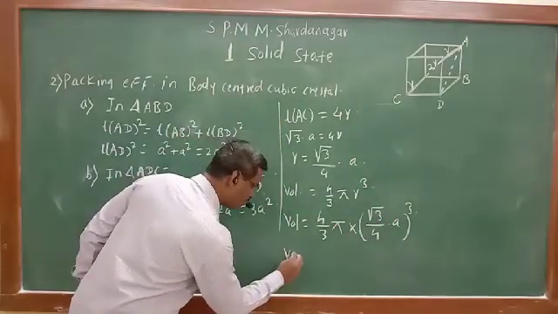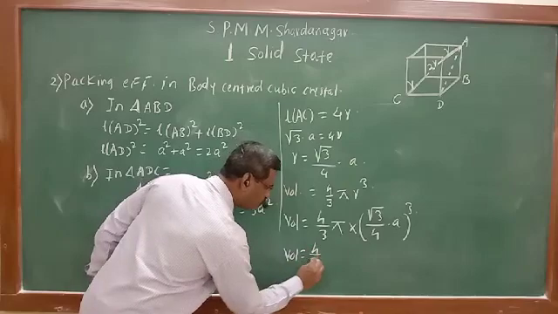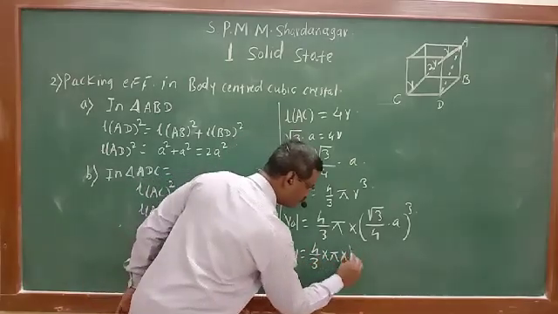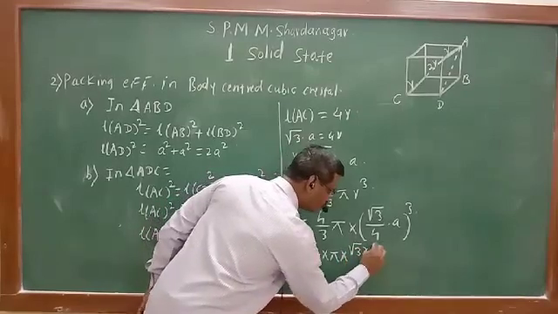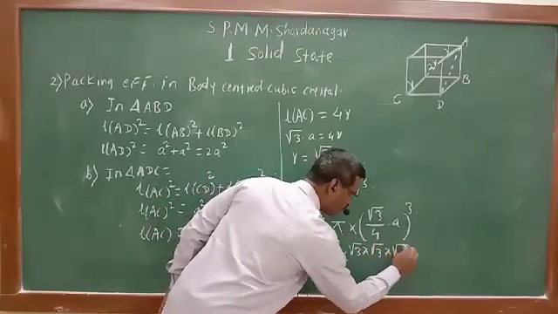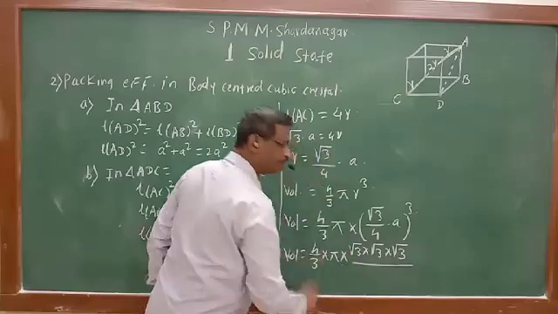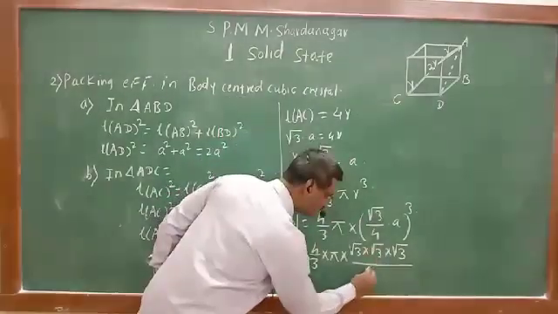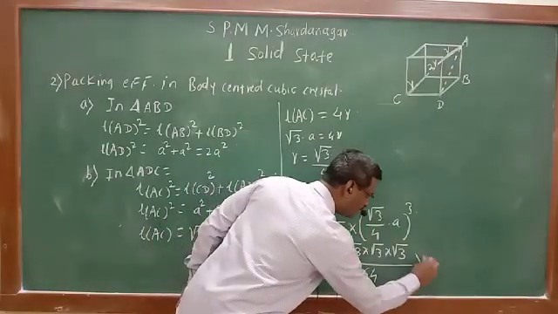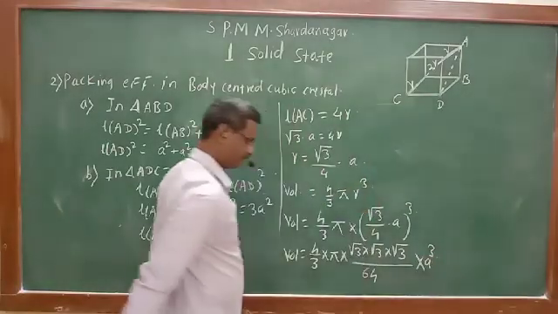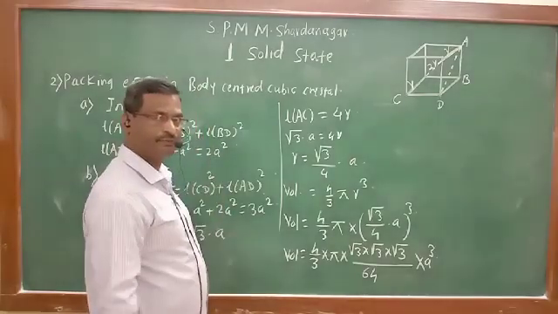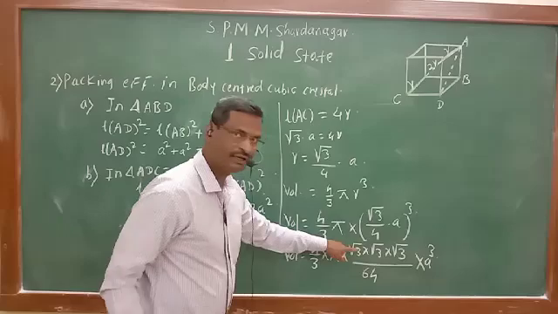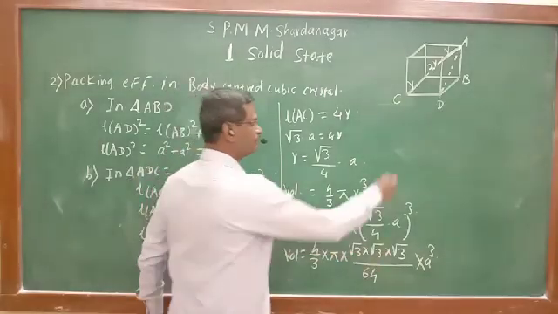So that will become volume is equal to 4 by 3 multiplied by pi multiplied by square root of 3 into square root of 3 into square root of 3 divided by 4, 4s are 16, 16 4s are 64, multiplied by A raised to 3. Now solve this carefully. What does it become? Square root of 3 into square root of 3 is equal to 3.